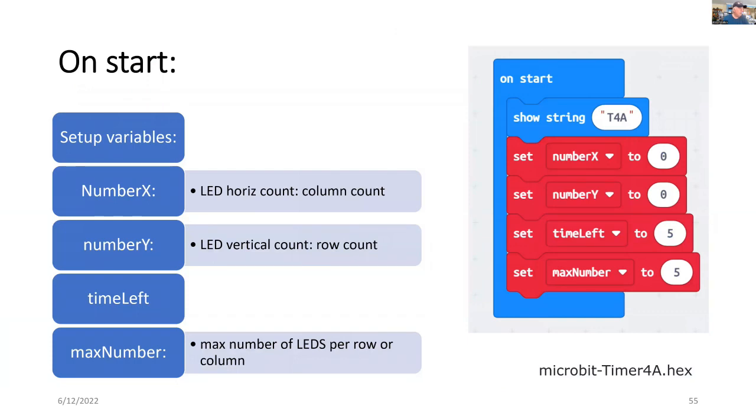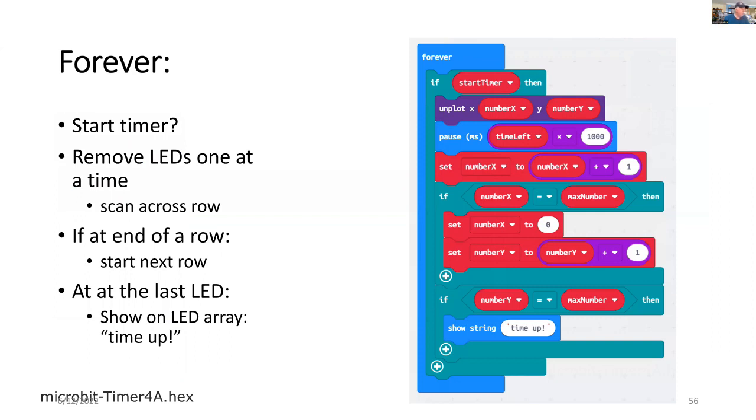On startup, we set the numbers X and Y to 0, the time left is 5, and the maximum number is 5. The maximum number is the maximum number of LEDs on either a row or a column. In the forever, very similar to what we were looking at before, if start timer is true, we turn off, with unplot, a particular LED at number X and Y in the array.